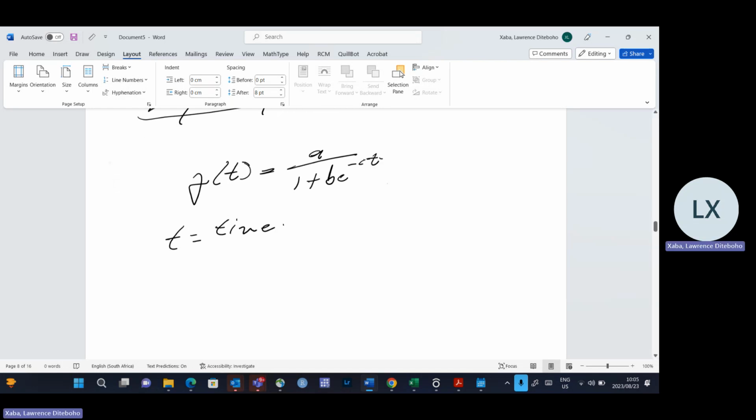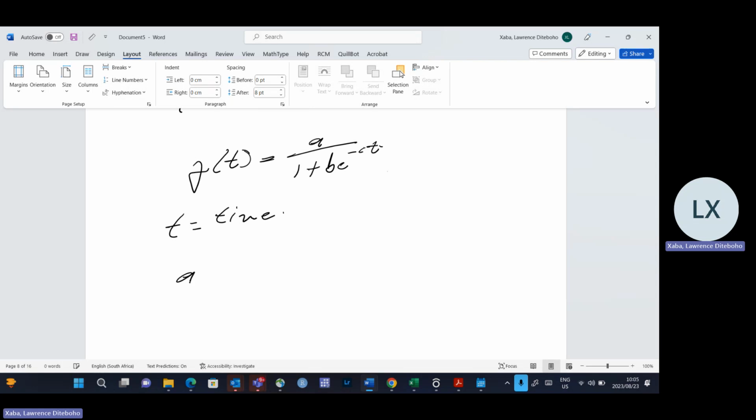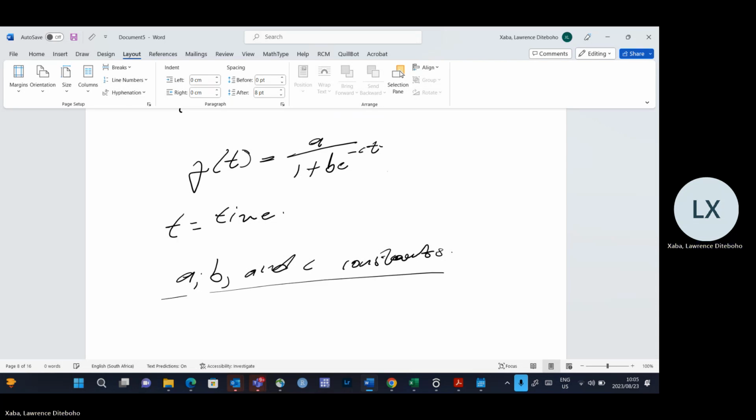Then we'll have our constants there, which are a, b, and c. Logistic growth can be used, like I said, to study the growth of pandemics and sales, maybe sales of cars and other variables.